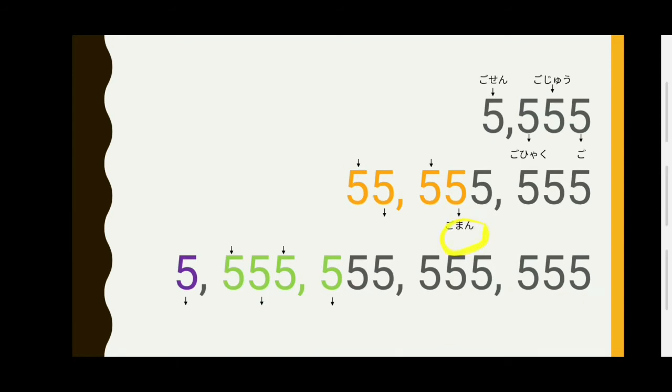Ito naman tayo sa 50,000. 50,000 is goman. 500,000 is gojuman. 5 million is gohyakuman. And 50 million is gosenman. Next, we have 500 million, which is gooku.